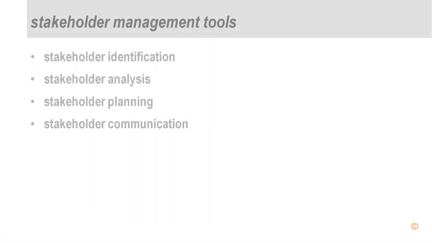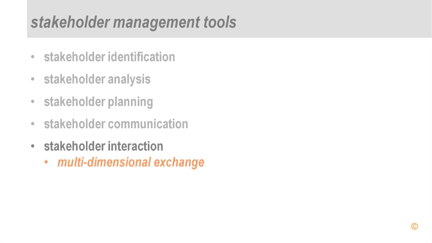Another stakeholder management tool is to deal with stakeholder interaction as a multidimensional exchange. So, for example, if we look at your project or your function, you can provide multidimensional value through your project or function to your client.